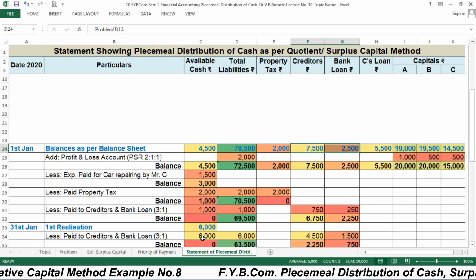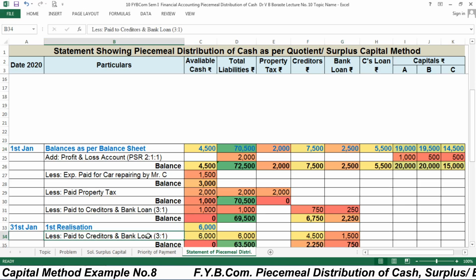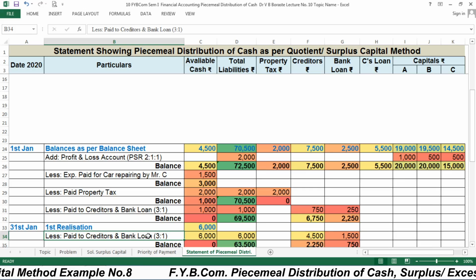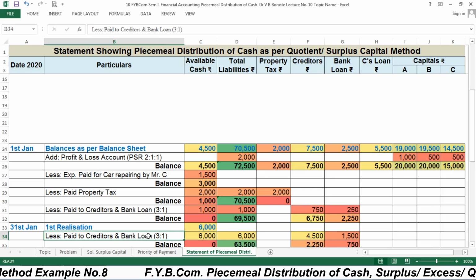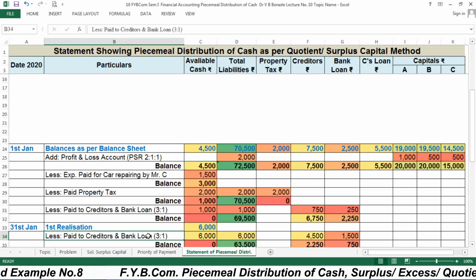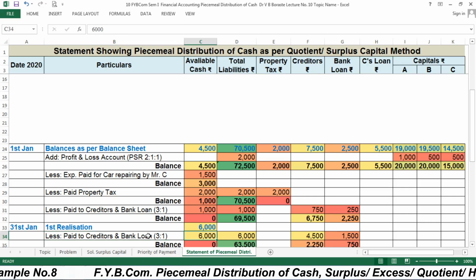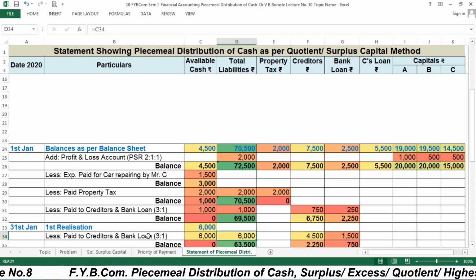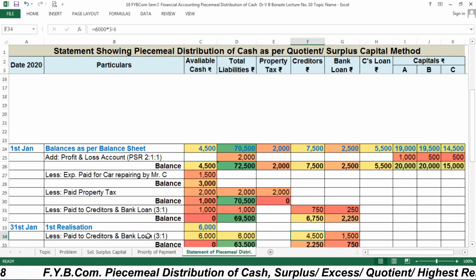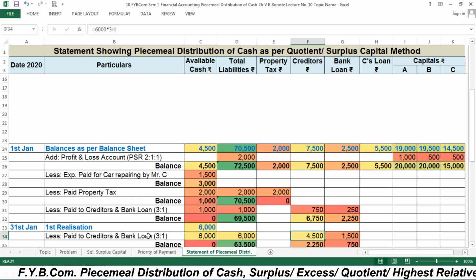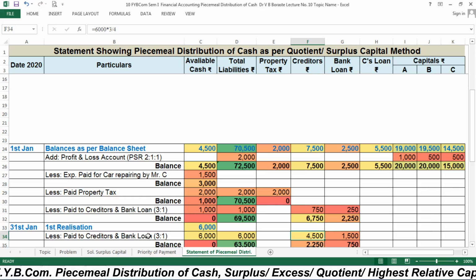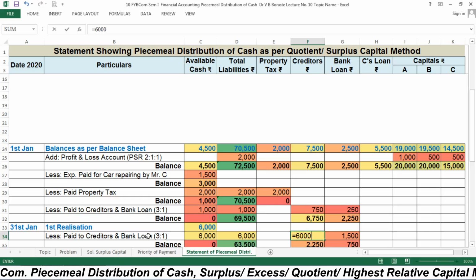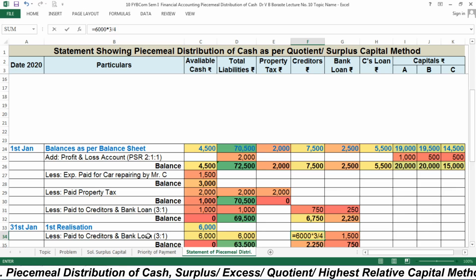But we have 6,000. That means the total amount will go to the creditors and bank loan. So less paid to creditors and bank loan in the ratio of 3:1. Cash will be reduced by 6,000, and total liability will be reduced by 6,000. Creditors will get 4,500, that is 6,000 into 3 divided by 4.